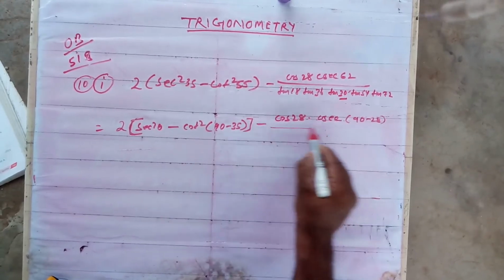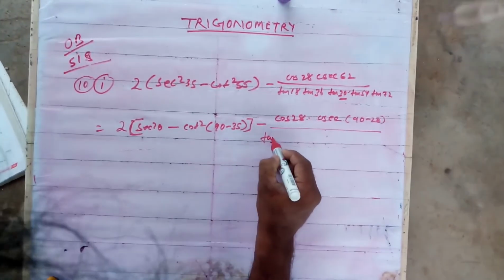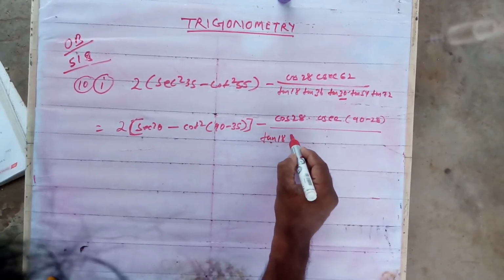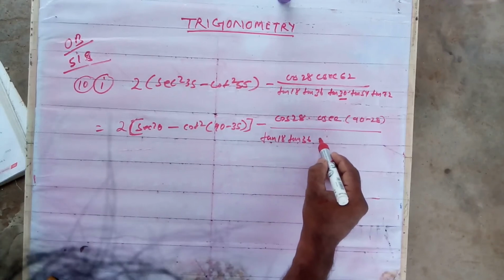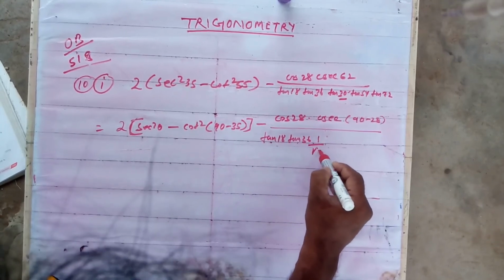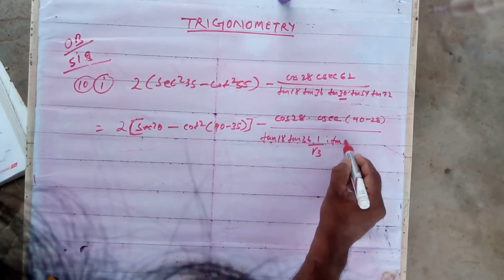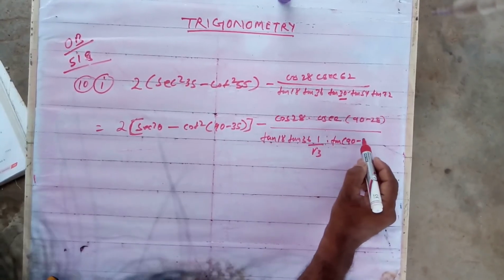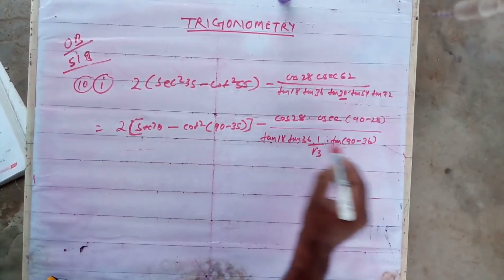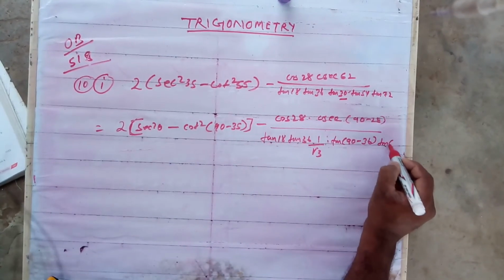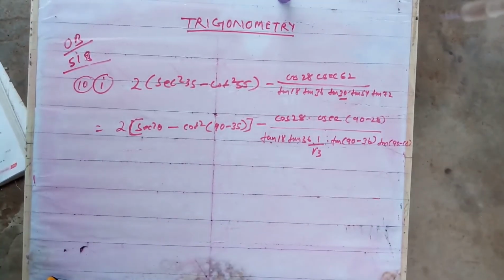Agree? Tan 18 as usual, don't change. Tan 36 as usual. Tan 30 is equal to how much? 1 by root 3. Tan 54 you write tan 90 minus 36. Tan 72 you write tan 90 minus 18. Clear?